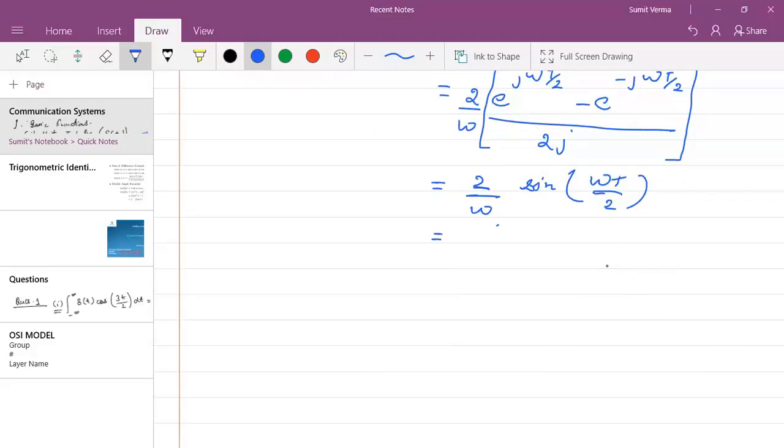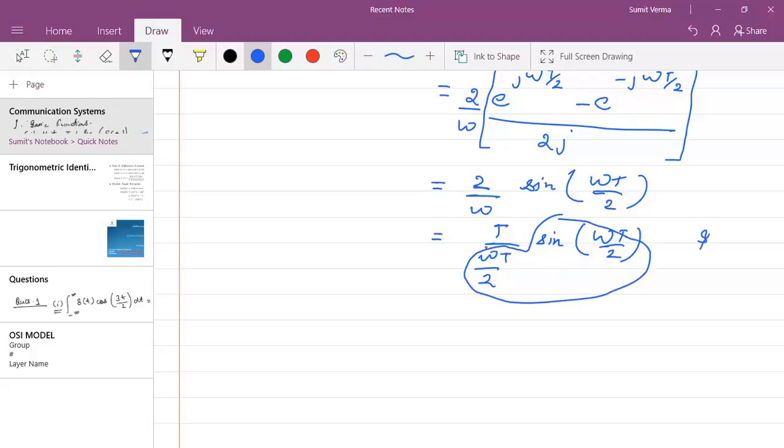So what I am trying to do here is, I will just write this as 1 upon omega by 2 sine omega t by 2, and I will multiply and divide with a t. So now if you see this part, this looks to be of the form sine t by t.